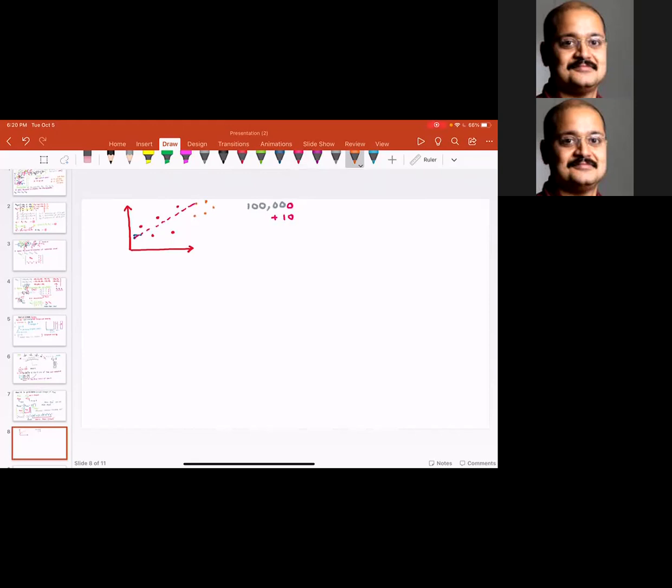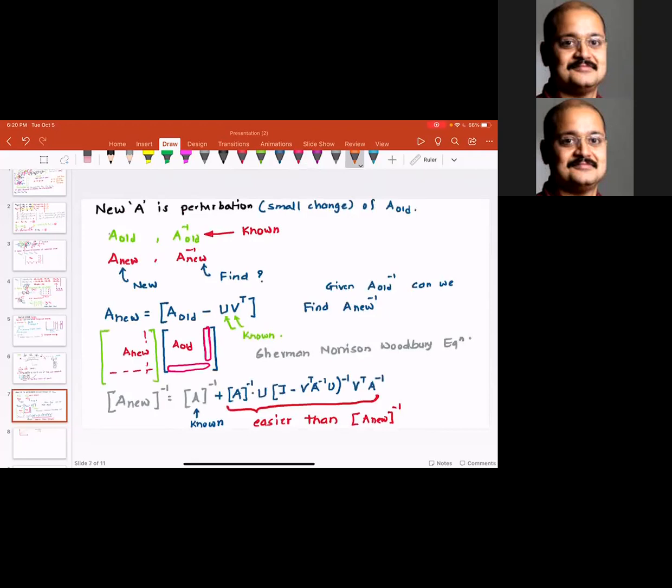Now, U and V are vectors, so you can think about it, 1, 2, 3 and 4, 5, 6. So U and V are vectors.